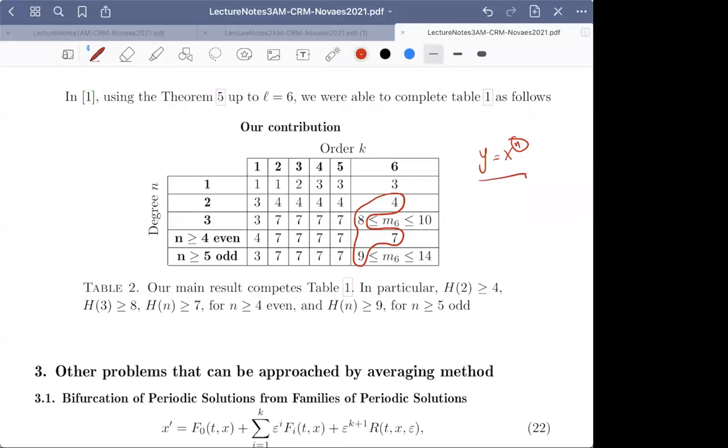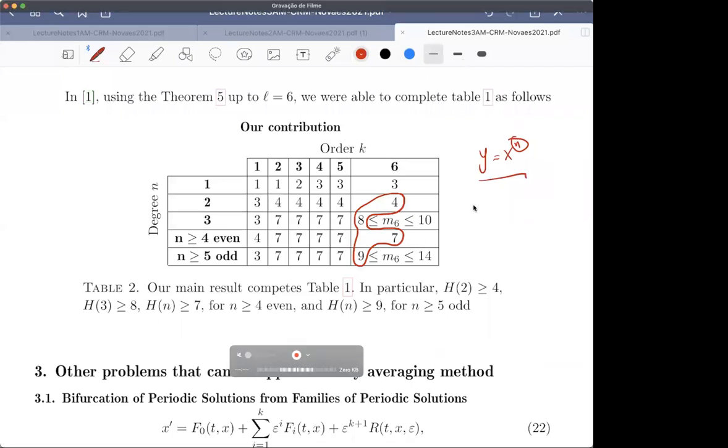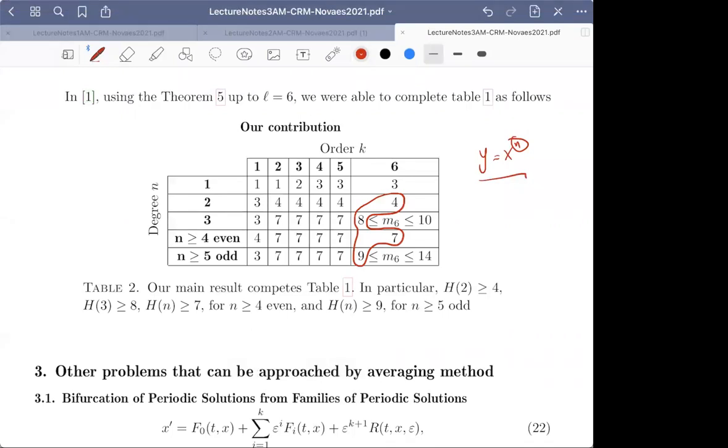But I think that if anybody can improve the result that we got together with Armengol and Xiangzhang, our lower bound should at least be doubled if you work with second order. But it is quite hard. It would be nice to have a good lower bound in terms of the degree in the linear case, at least of order n, not n over 2.